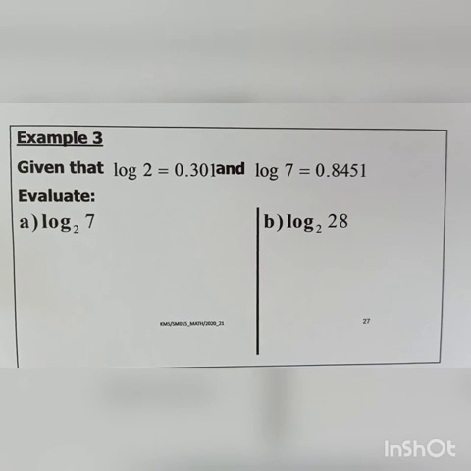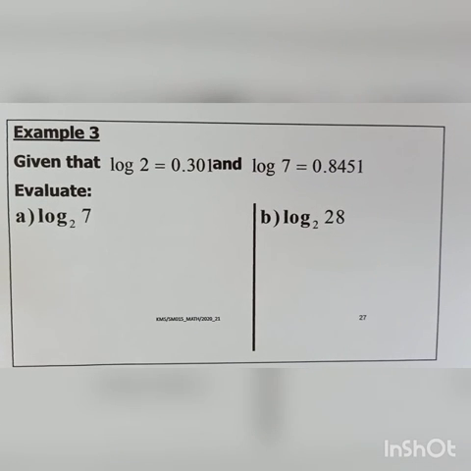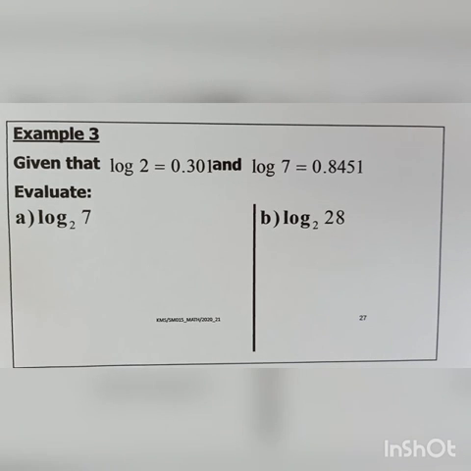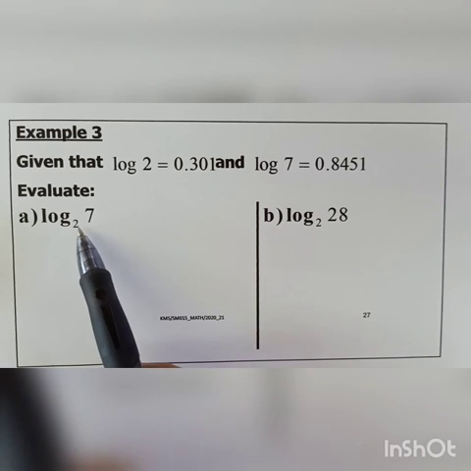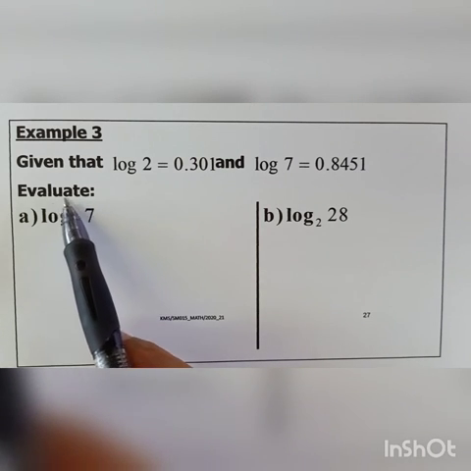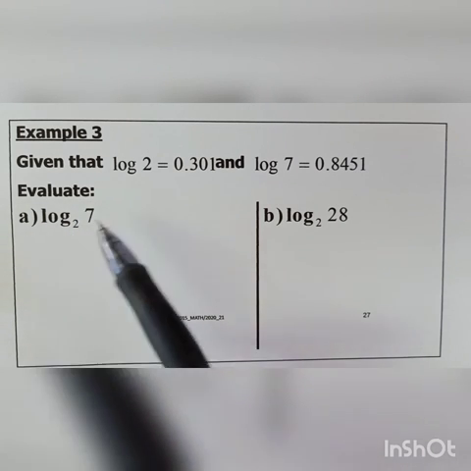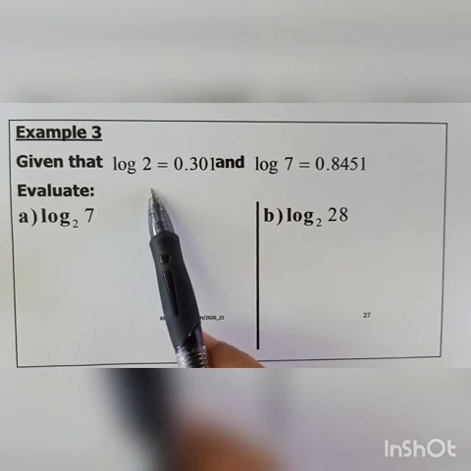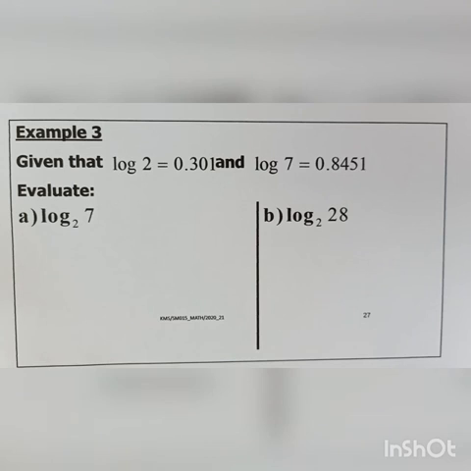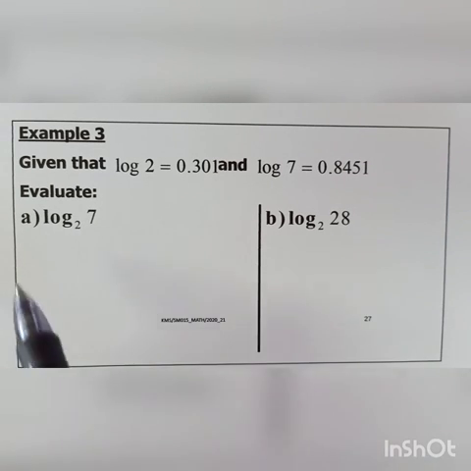Okay, for example 3, given that log 2 equals 0.301 and log 7 equals 0.8451, evaluate log 7 base 2. You can see that your question is in base 2, but the given information is in base 10. So you have to change the base now.